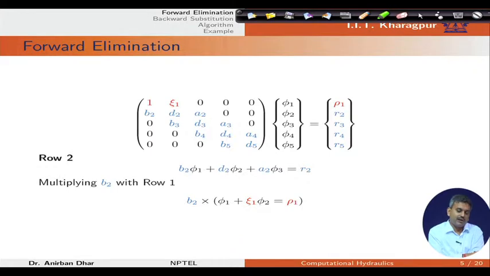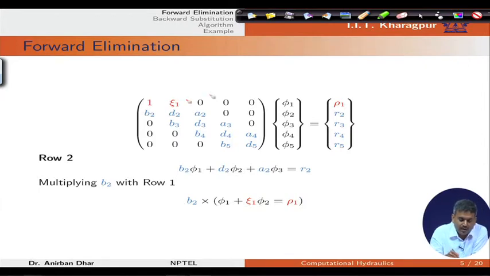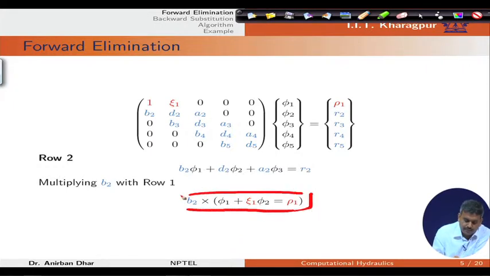Remember that in Gauss elimination we used the unchanged or undisturbed row 1 in our calculation process, but in this tridiagonal algorithm we are using the same forward elimination, but we are multiplying this quantity with the disturbed one, because we have changed our first row. So, we are multiplying row 1 with B2.